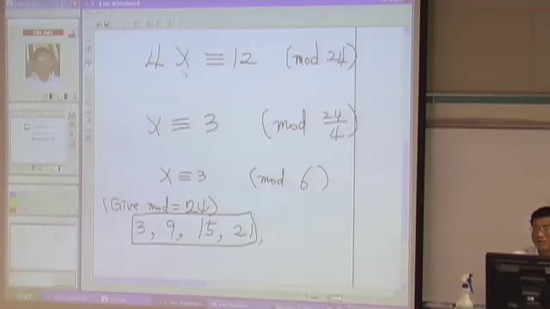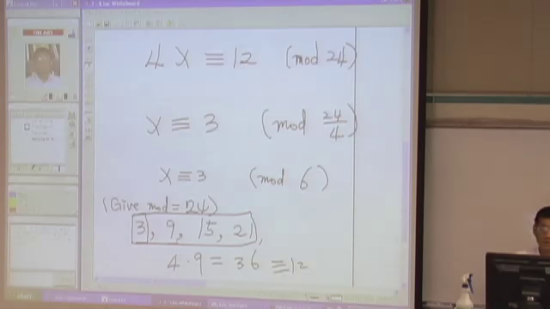So let's use these numbers here. If you use 3, what happens? 12 is congruent to 12. Done. If you use 9, then 4 times 9 equals 36, and if you subtract 24, it is 12. So the same.